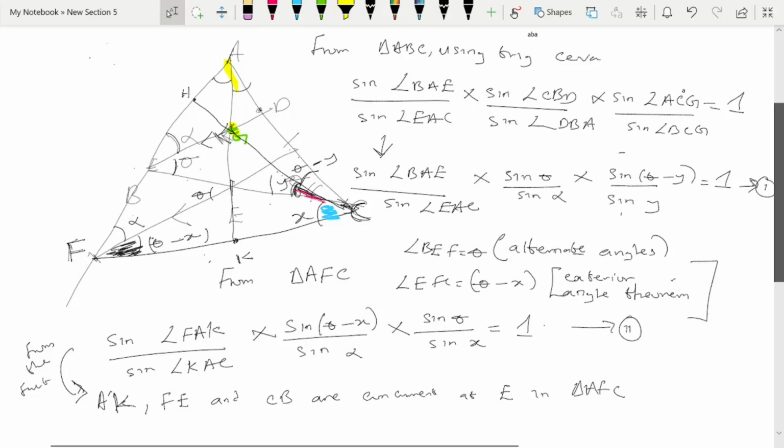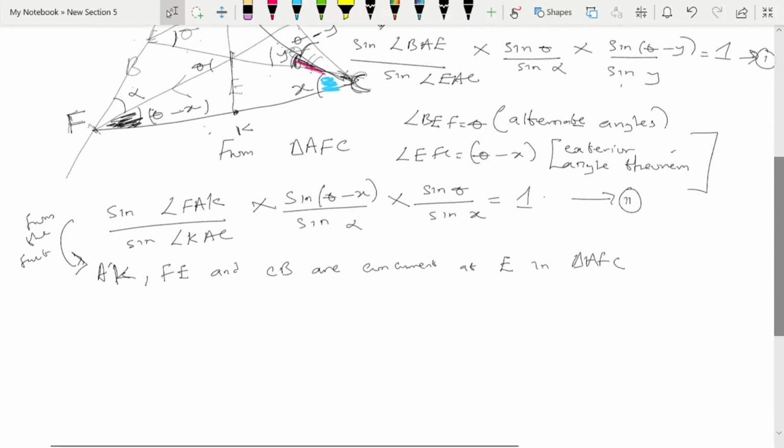Since they are both equal to the same number 1, note that 1 and 2 are equal.